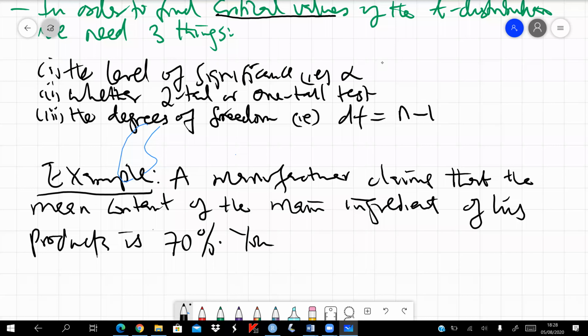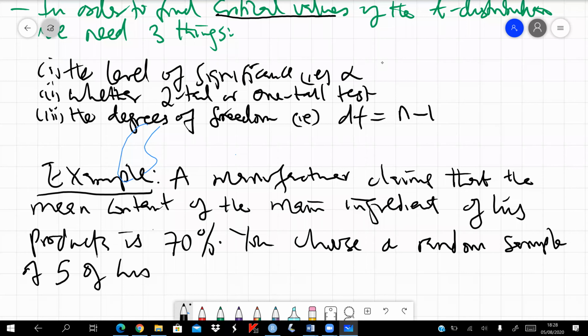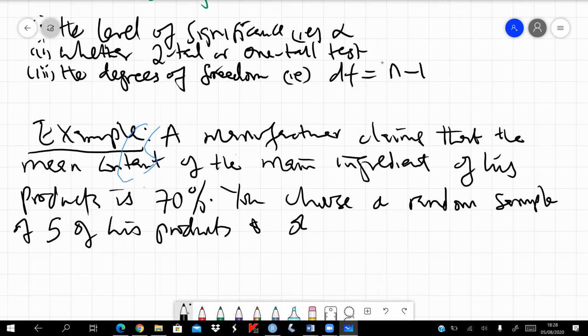Then we say you choose a random sample of 5 of his products and observe the following. Let me record the values there.